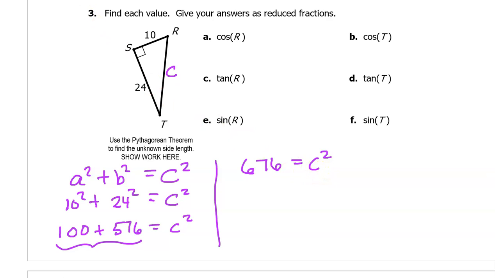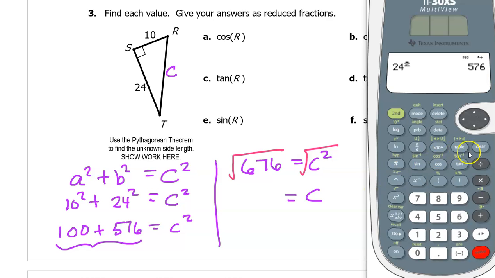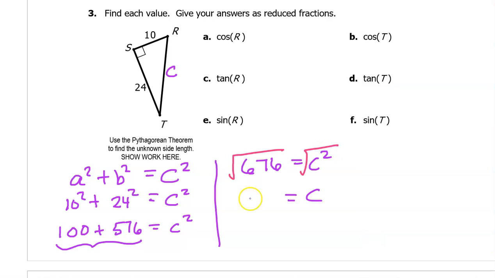If you want to get c by itself, you need to take the square root of both sides. So what is the square root of 676? So that's 26.